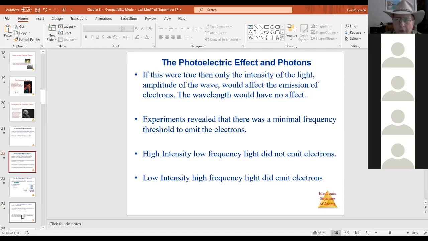And they found that no matter what the intensity was, there was a minimum frequency they had to exceed in order to eject the electrons. Basically, this is what the photoelectric effect is.